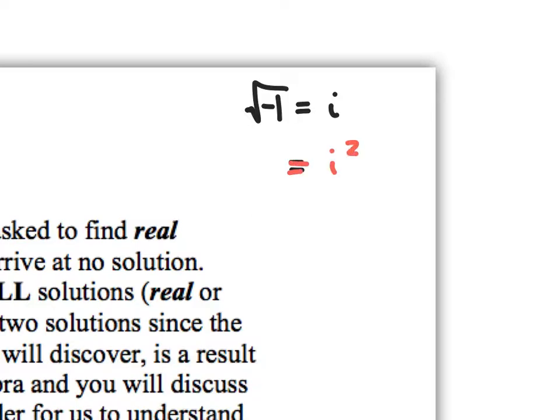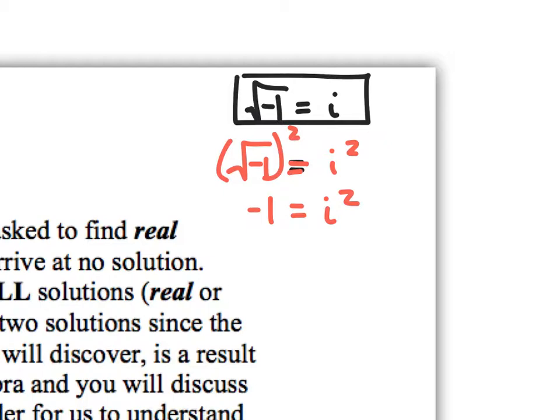That means I'm going to take the square root of negative 1 and square that. If I square the square root of negative 1, that just gives me negative 1, and that's going to be equal to i squared. So I know what i is equal to, but if I take i squared, it's going to give me negative 1.